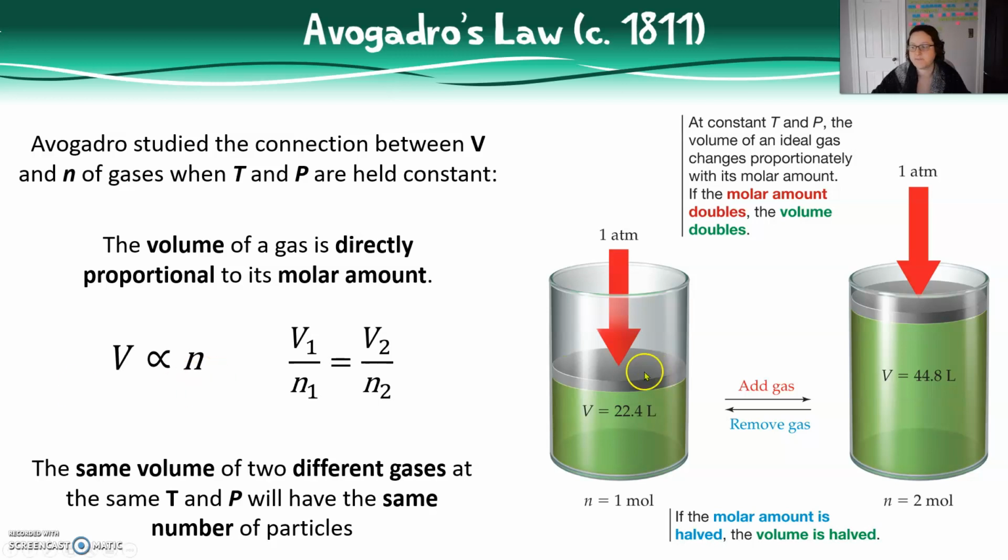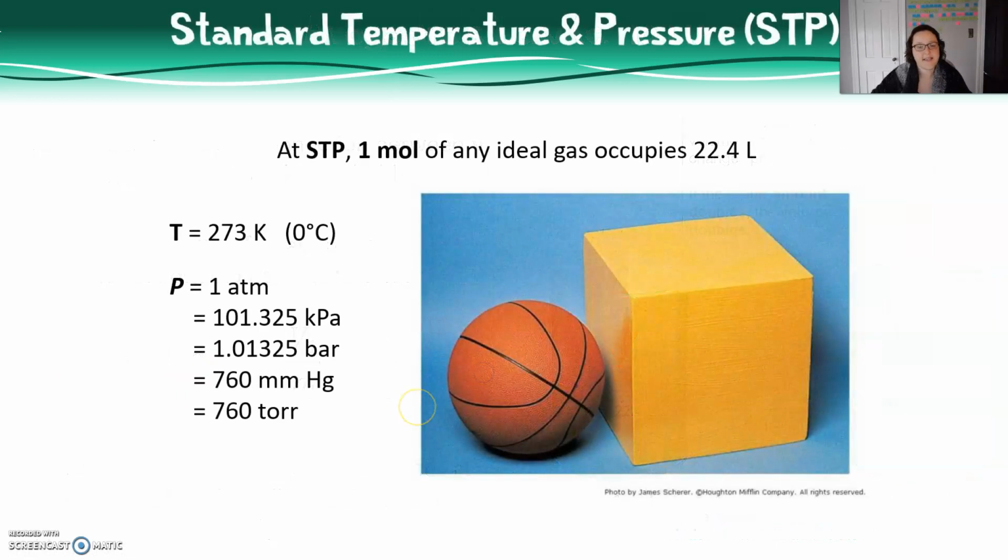So, since the connections between gas pressure, volume, temperature, and the number of moles do not depend on the identity of the gas, this means that 1 mole of any gas at the same temperature and pressure will occupy the same volume. So, a standard set of conditions was established for comparing gases and is referred to as standard temperature and pressure, or STP.